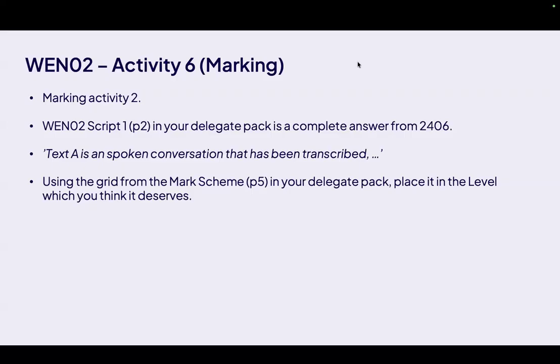So it's on page 2 and it starts with: Text A is a spoken conversation that has been transcribed, taken from an interview posted on YouTube, a social media site, suggesting that the interview is aimed towards local and international audiences. There are 2 speakers speaking about the field of fashion, referencing Sheba's clothing brand.